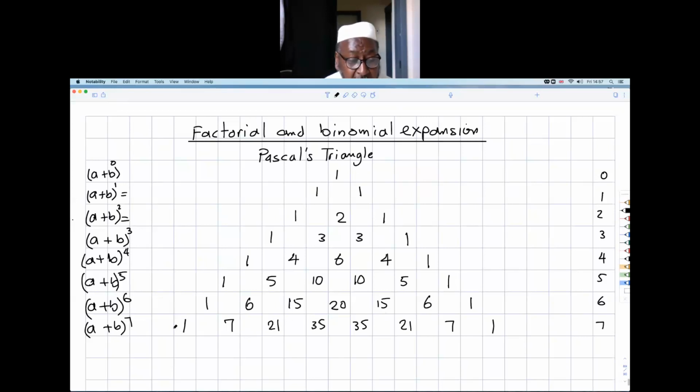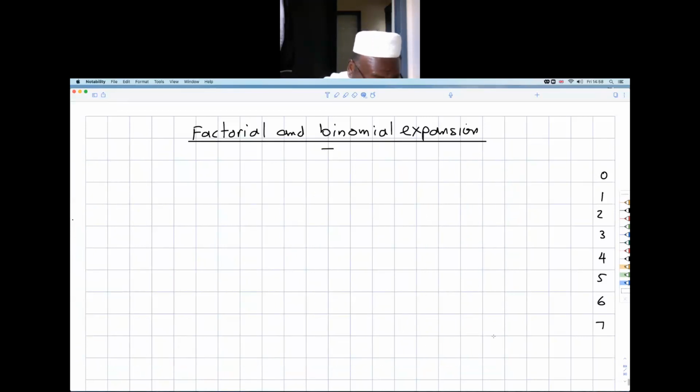So it will be A to the power 7, 7A to the power 6 B, 21A to the power 5 B squared, 35A to the power 4 B cubed, 35A cubed B to the power 4, 21A squared B to the power 5, 7AB to the power 6 and B to the power 7. This is how we do Pascal's triangle.